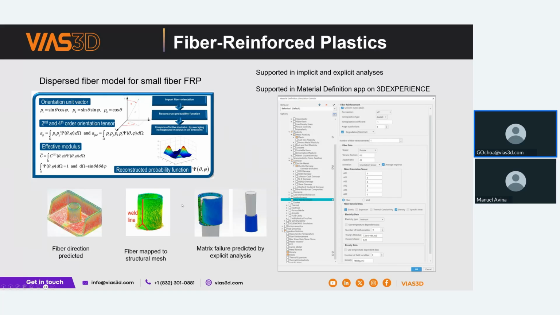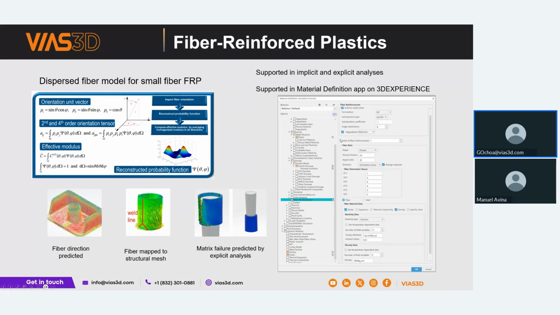And then after doing this mapping, in this example, we are modeling failure for this component using explicit analysis. We cannot get this type of results if we don't include the weld line prediction from the injection molding solver.